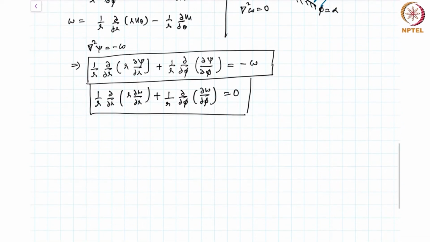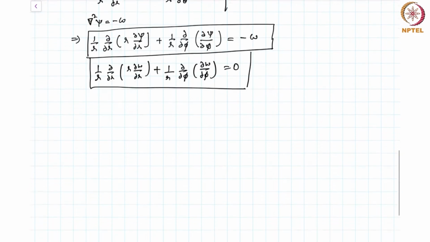Now, what we want to essentially speculate is that both stream function and vorticity should be finite as r goes to 0. The reason is that if these equations have to make sense, we don't want these quantities to diverge as r goes to 0.